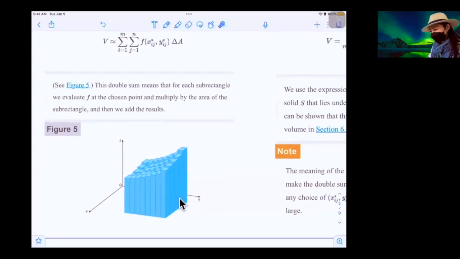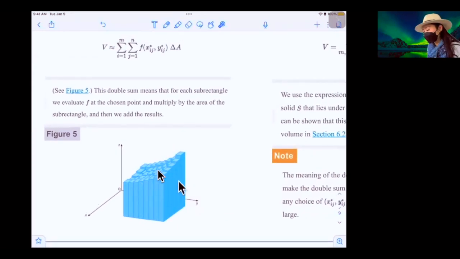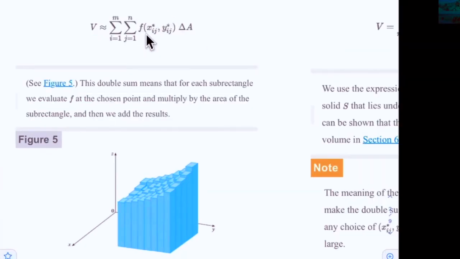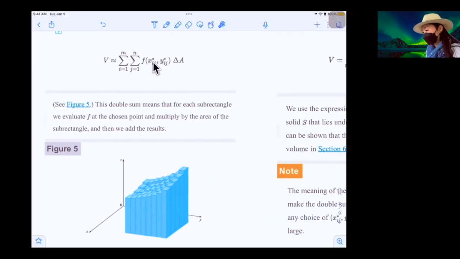Now, how do you represent the sum of all those rectangular boxes? You need this double summation right here. Remember, for each rectangular box, it's going to be the function value at that random point in each subrectangle, which is f of xij star, yij star. Think about that as the height of that box. And then delta A here is the area of that subrectangle.